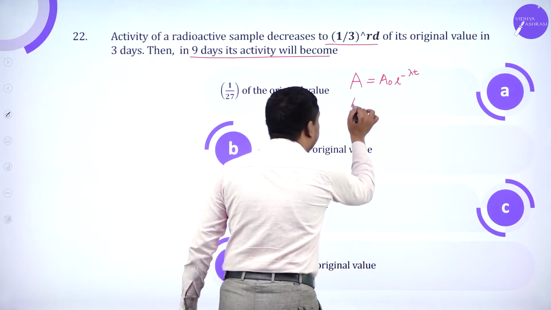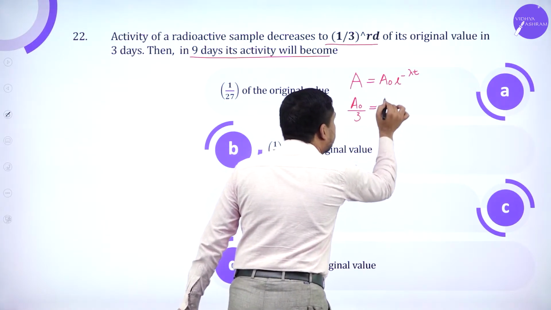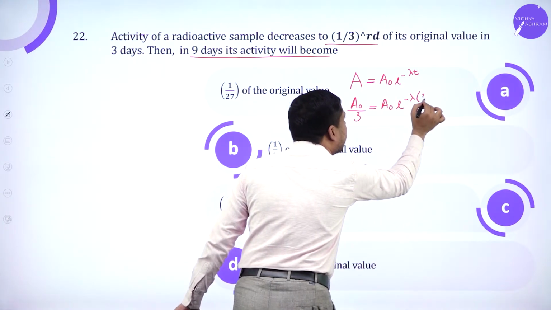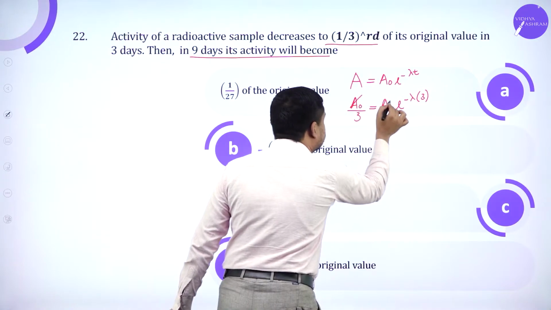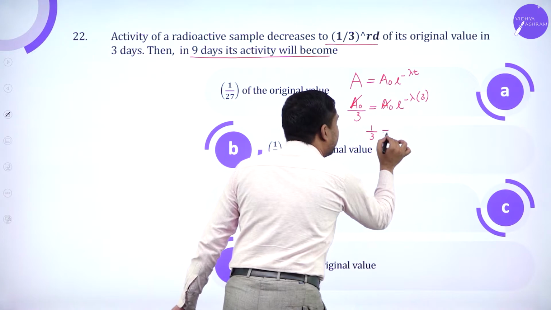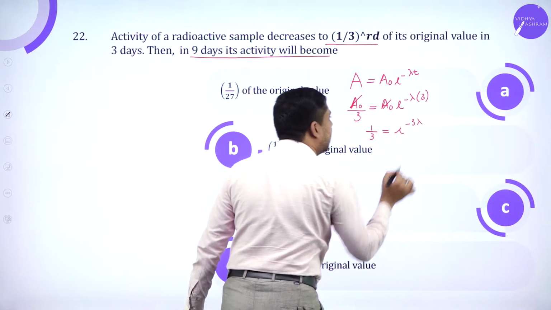So this becomes A naught by 3 in a time interval of 3 days. So this gets cancelled. So 1/3 equals e to the power minus 3 lambda.